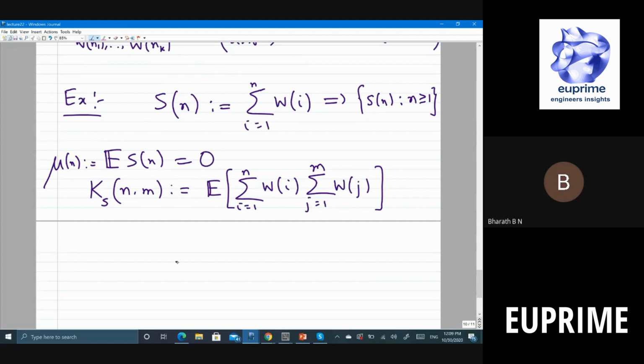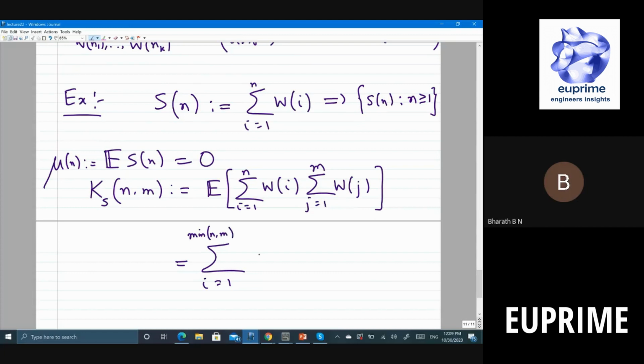Now I can write this product as a summation over all i, j from 1 to n and 1 to m, of w of i, w of j. But the expected value of w of i, w of j will be non-zero provided i equal to j. Then only you will have this. So i equal to j, but whether we go till n or m depends on whichever is minimum.